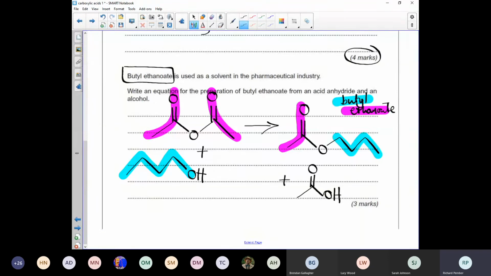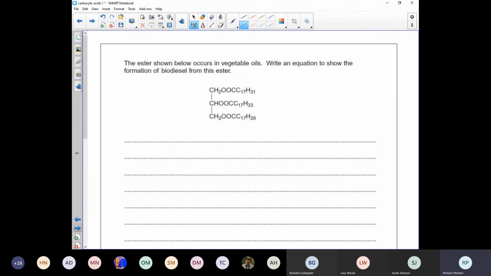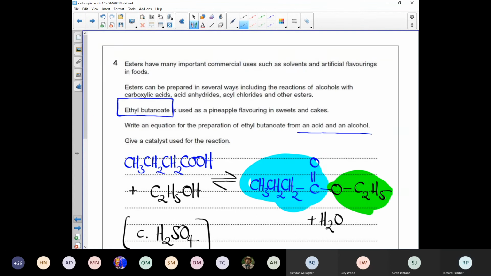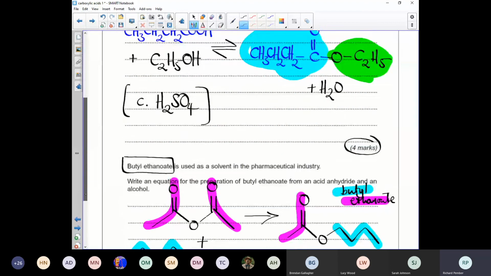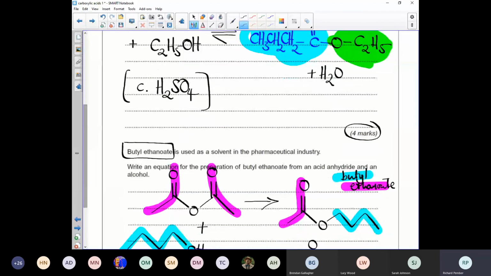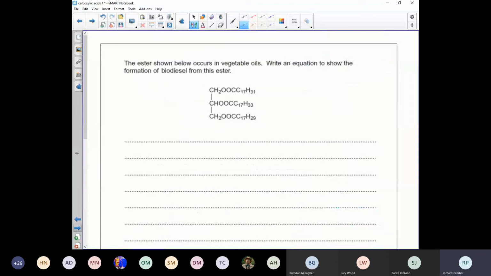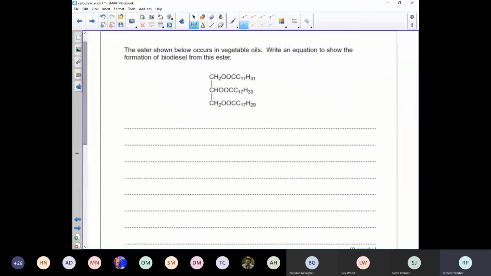Write an equation for the preparation. So that's that. That's my 3 marks. Let's have a look and see where the mark scheme went with those 2 questions. Doesn't look like that one's been added in. Okay. Oh, we've not finished it yet.